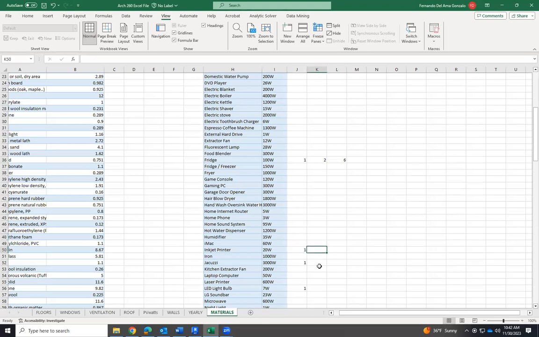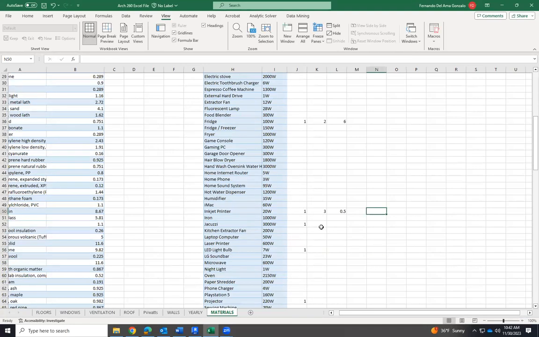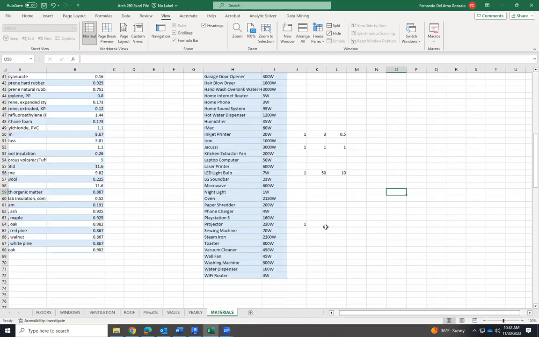The inkjet printer, we can have 3 of them, and we use them only half an hour per day. Jacuzzi, 1 is enough, and we can use it 1 hour per day. And the LED light bulbs, we can use a lot of them, 50, and we use them for 10 hours per day. And then the projector, we can have 2, and we use them 4 hours.